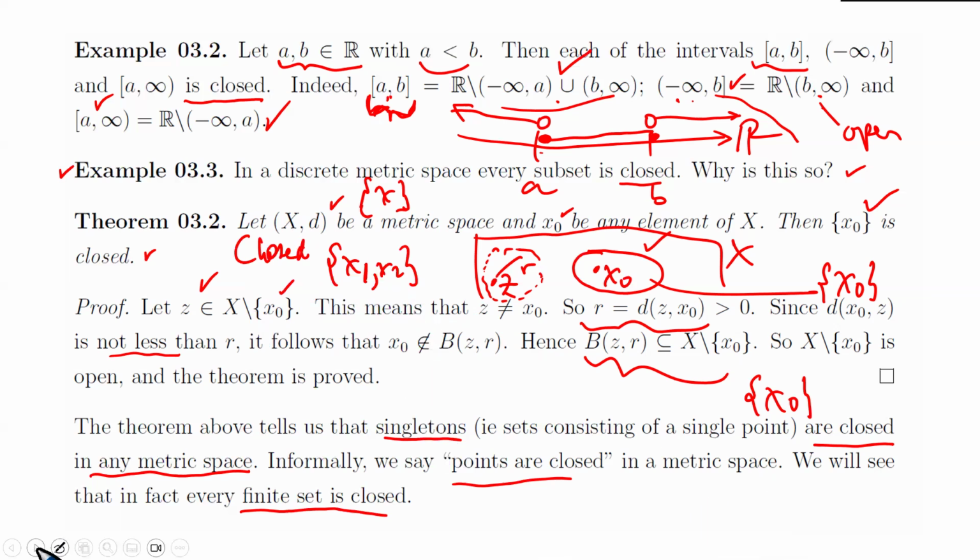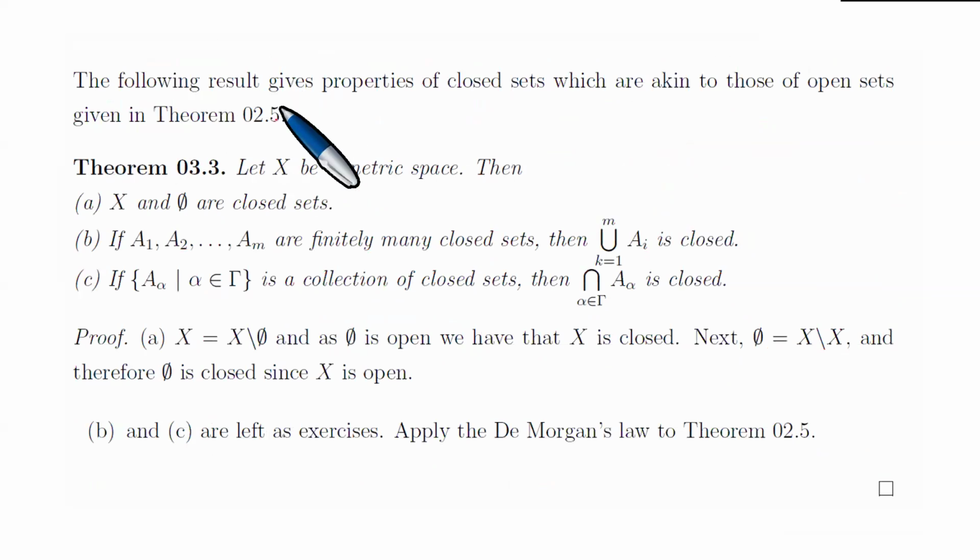Okay, let's look at the next point. The following result gives properties of closed sets which are akin to those of open sets in theorem 02.5. So theorem 03.3: let X be a metric space. This is a very powerful theorem, but it's not specific about which metric space. Then X and the empty set are closed sets.